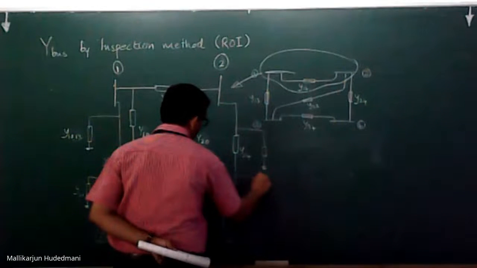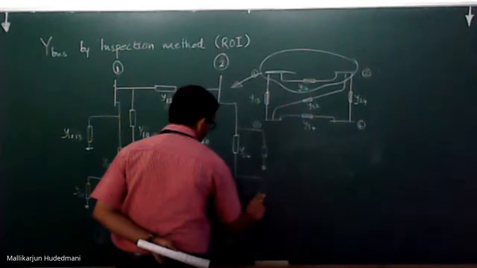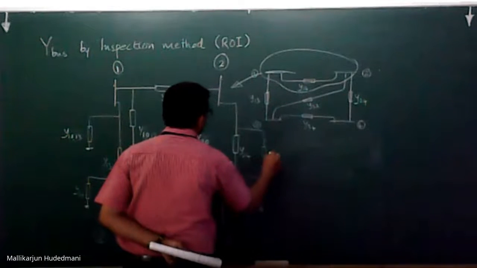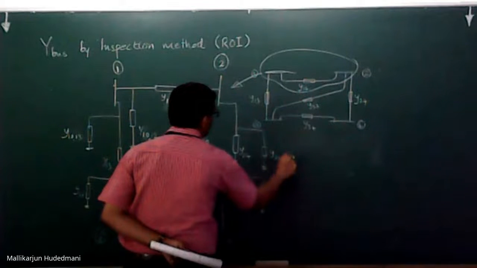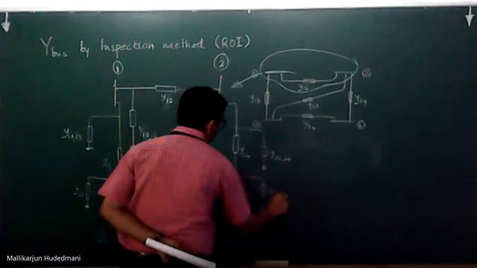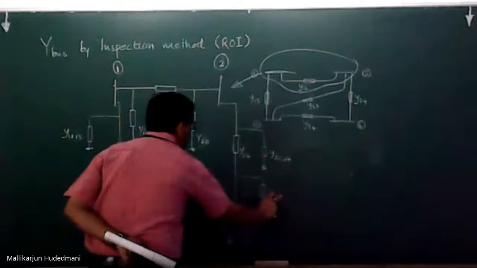From here I will write half line charging admittance. This is Y24. This is Y40. You may write 24 or 4. That is it. Let me leave this only.